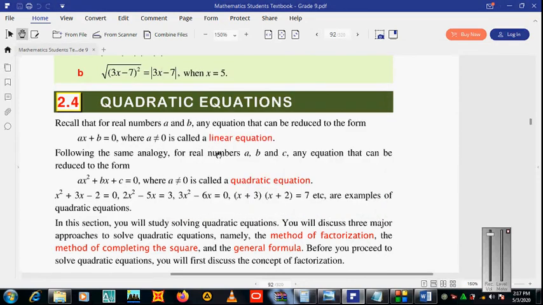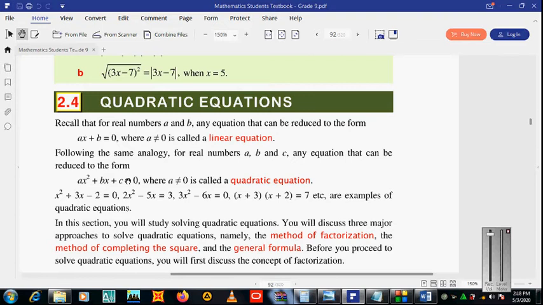For any equation, a, b, and c are the constants or the coefficients. The coefficient of x squared is always a, the coefficient of x is b, and the coefficient of x to the power of 0 is c. This is a quadratic equation.